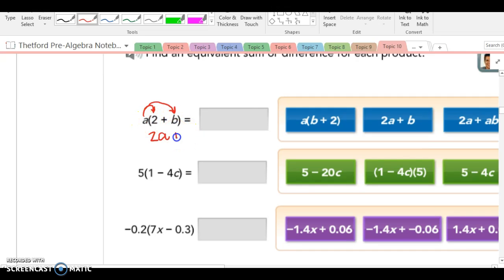A times B, whenever we have A times B, just put those two letters next to each other in alphabetical order, because a letter next to something means multiplication. And when we write this, also make sure that the number comes first before the letter, and then it's alphabetical order after that. So it is 2A plus AB.